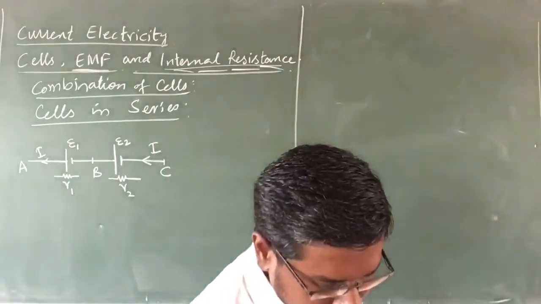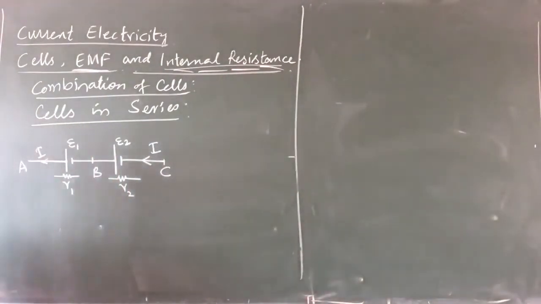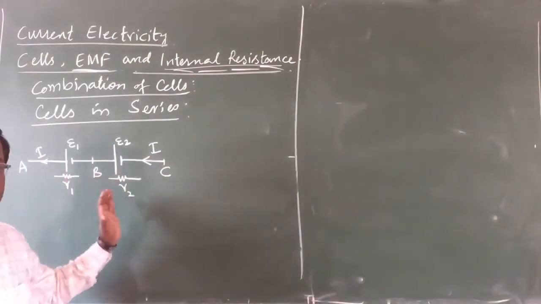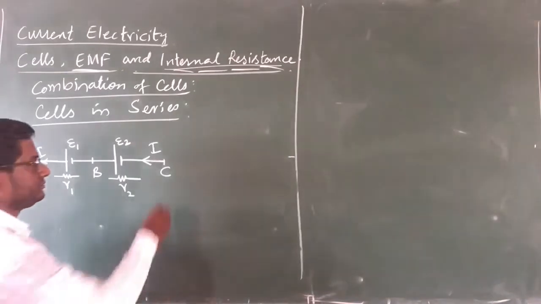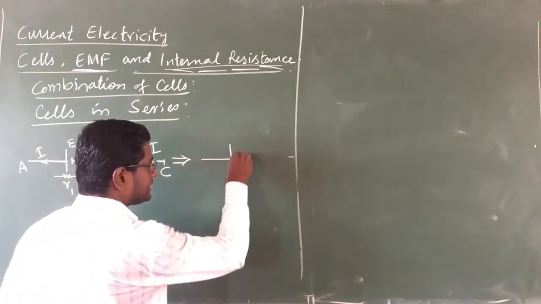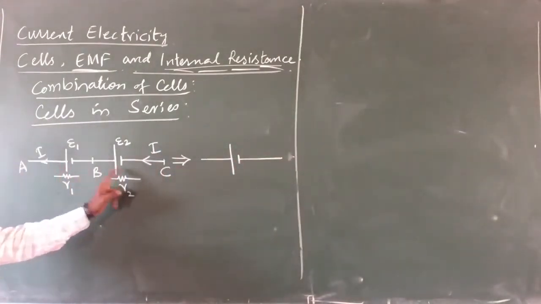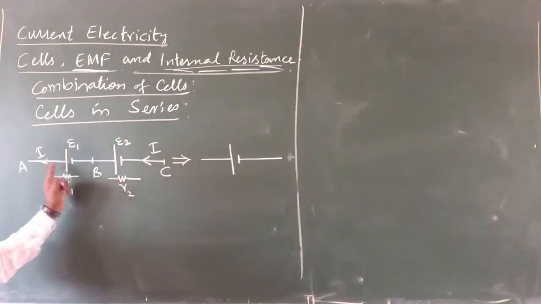Now, if I have this as a combination, I can also have an equivalent circuit of this one, and that equivalent circuit will have a single cell which causes the same effect as these two cells.